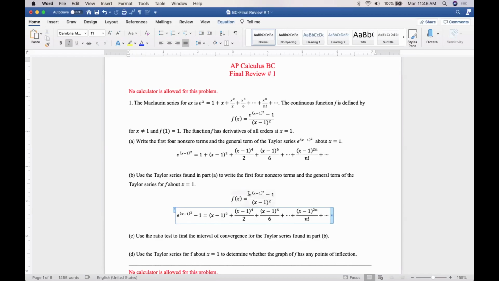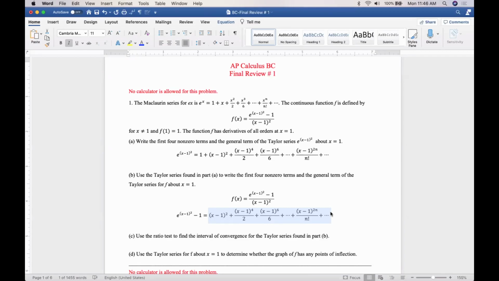Now, what do you need to do to this to create f? You need to divide this quantity by the parentheses squared. So if I divide all that by the parentheses squared, should I divide each one? Yes.